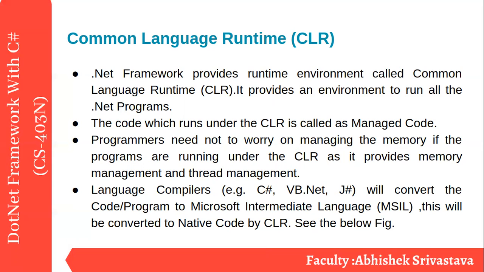The Microsoft .NET Framework has the capability to remove garbage automatically, meaning variables which are not in use will automatically be swept off from memory. That's why it says the programmer need not worry about managing memory if the programs are running under the CLR, and it provides memory management and thread management. Memory management is part of garbage collection. Thread management means different processes running in the background. What is a thread?